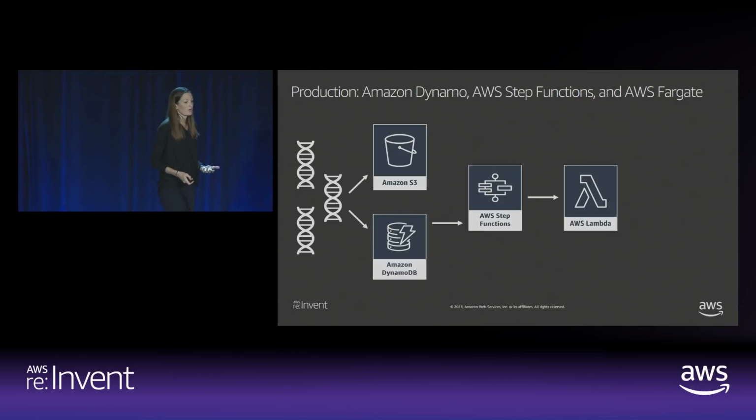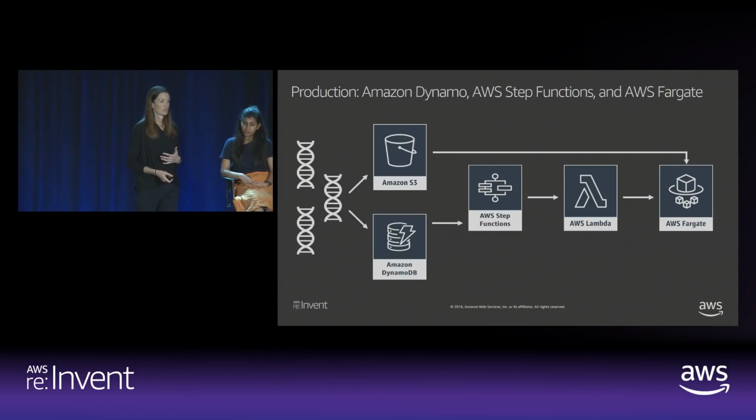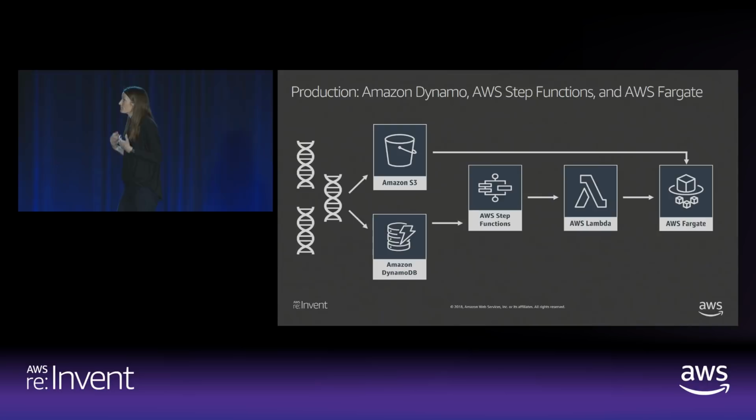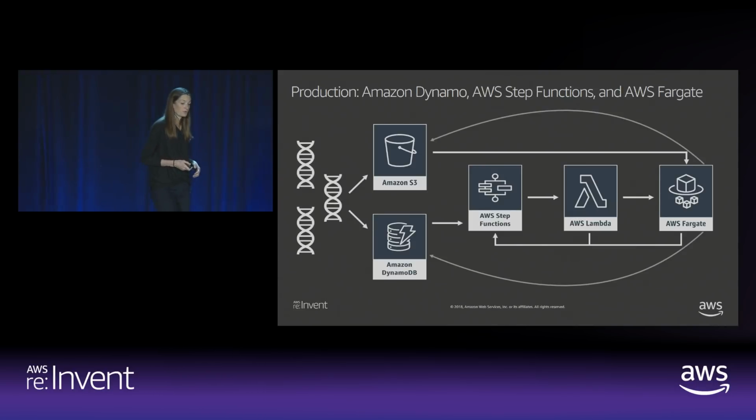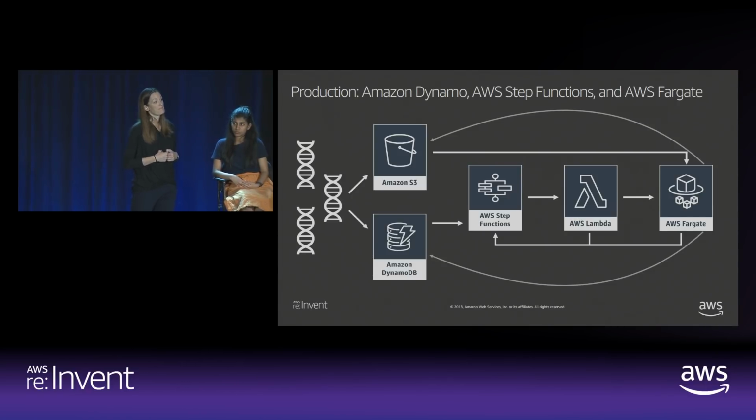The Lambdas work the same way. They pass off a task definition and any overrides to Fargate. But now, if there's an infrastructure error in Fargate or Lambda, we can retry that with Step Functions. Once that container runs successfully, the results files would be written back to an S3 bucket, and then any metadata would be written to DynamoDB.